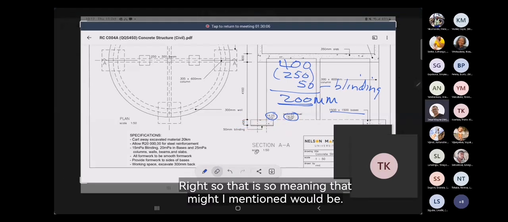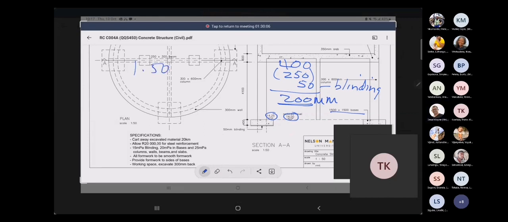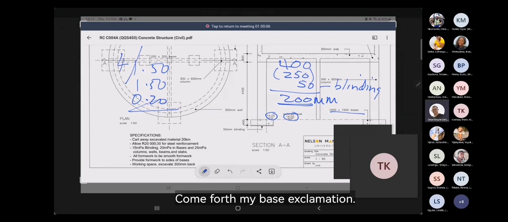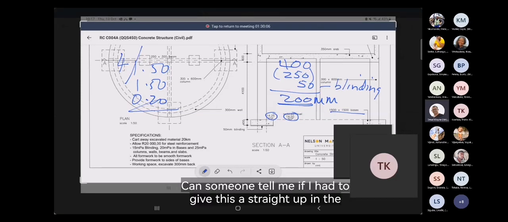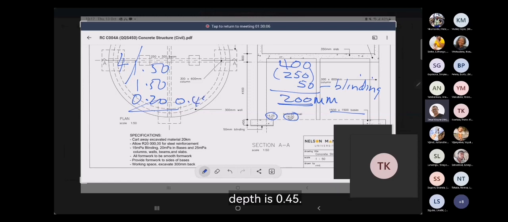Right. So meaning that my dimensions would be times 4, my base excavation. Can someone tell me, if I had to give this straight up in a test, who would have gone and said that my excavation depth is 0.45?